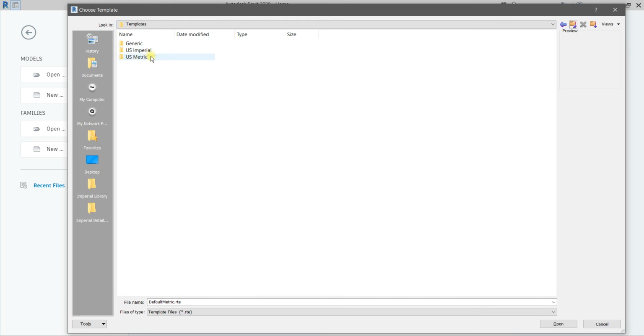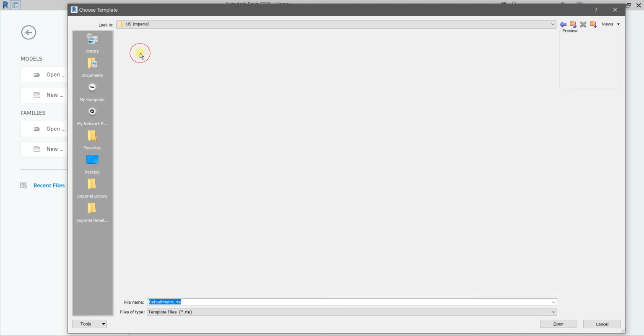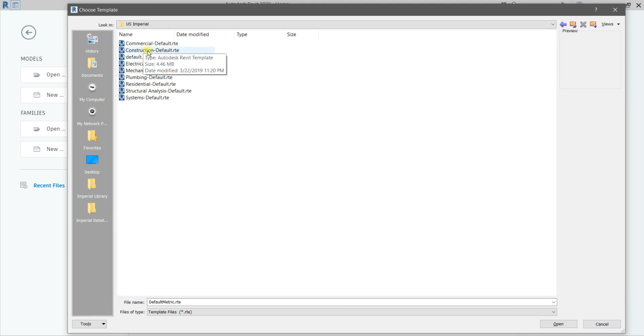The generic also contains a unit template, the imperial contains inches, feet, and so on, and the US metric contains millimeters, centimeters, square meters, and so on. We are going to use the imperial, so I'll open an imperial template here.